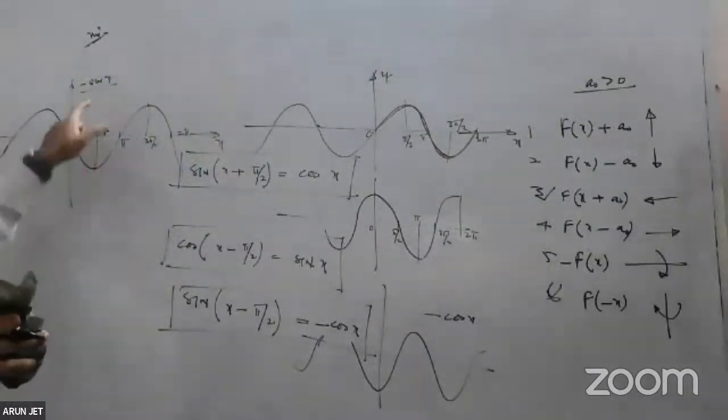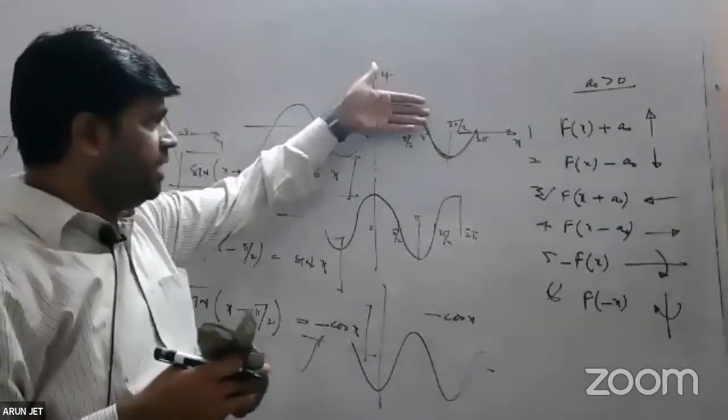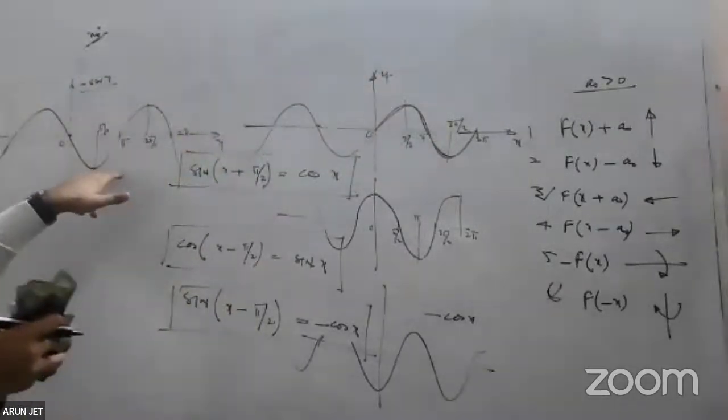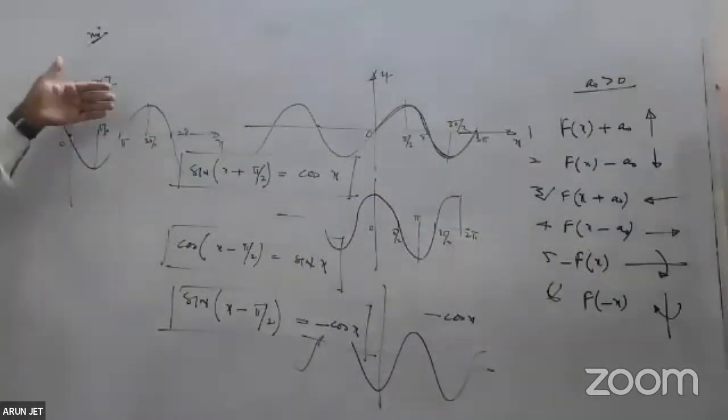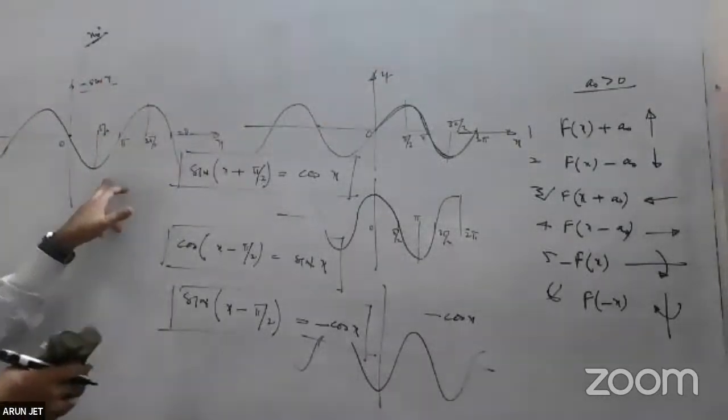Now, what is this minus of sine? That means I'm reflecting the sine with respect to the x-axis. So I get this. I reflected this, and when I reflect it, I got this.